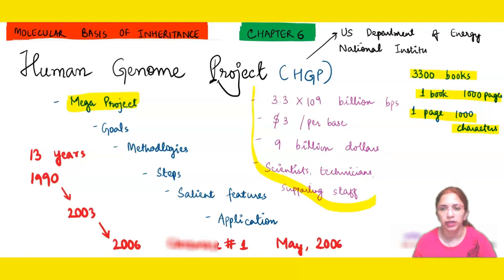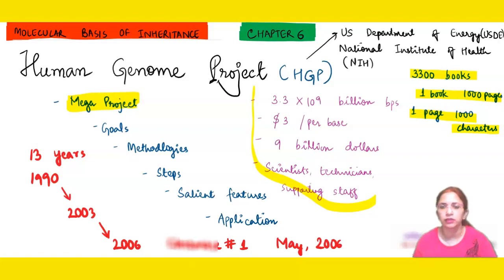Okay, National Institute of Health is abbreviated as NIH, and US Department of Energy is abbreviated as USDOE.